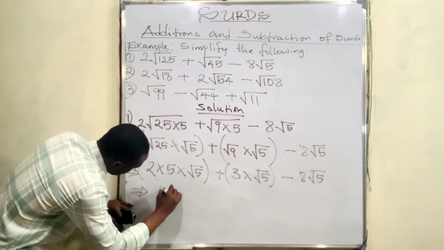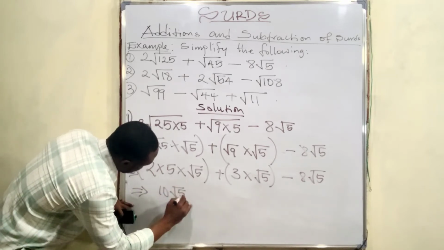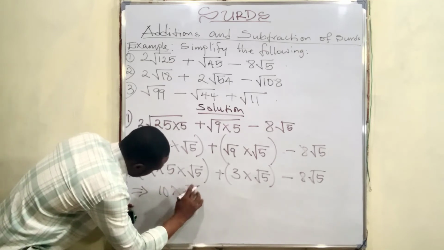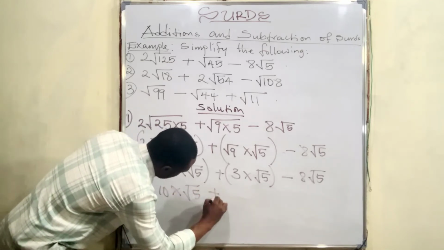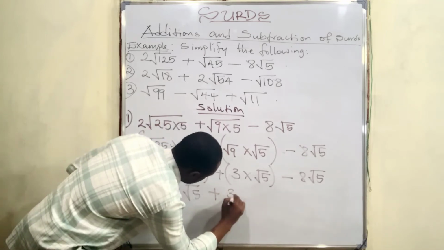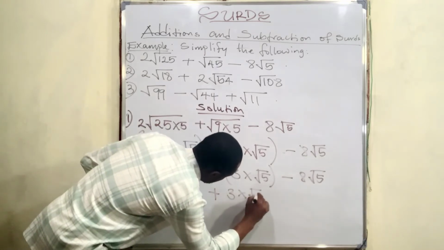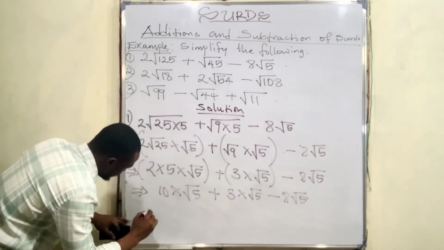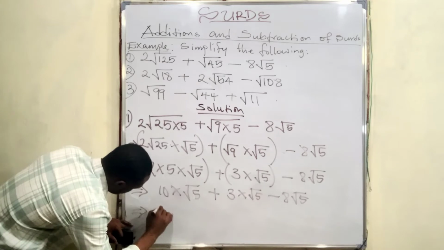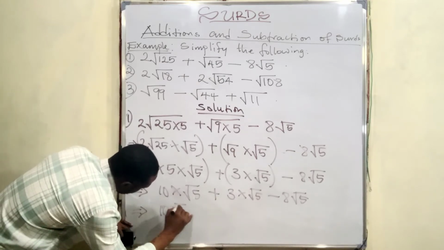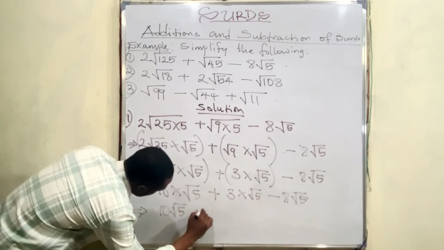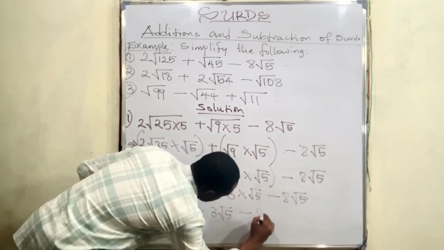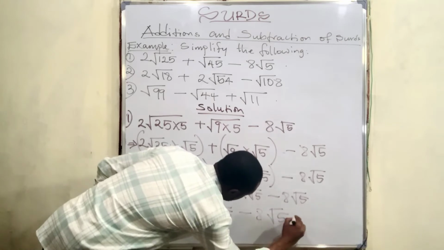So we have a 10 root 5 here, the same thing as 10 times the root of 5, plus this is 3 times the root of 5, minus 8 root 5. So this is basically 10 root 5 plus 3 root 5 minus 8 root 5.